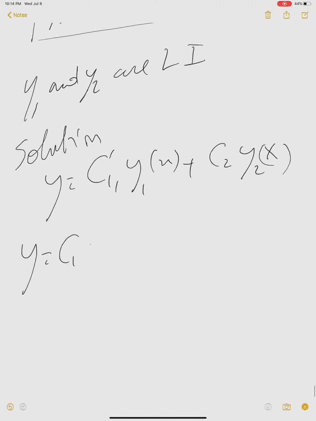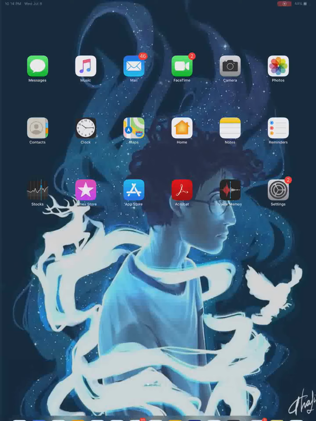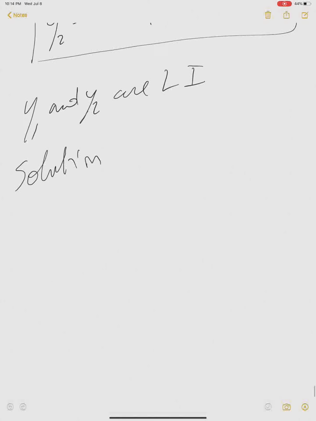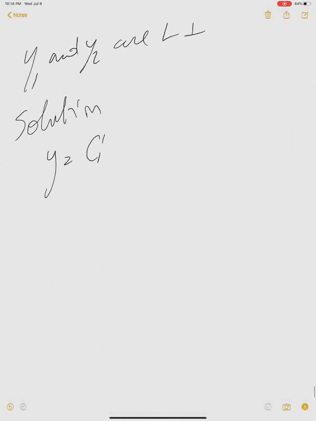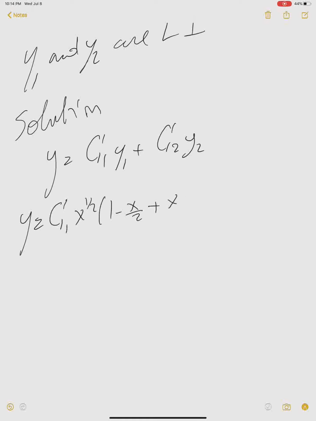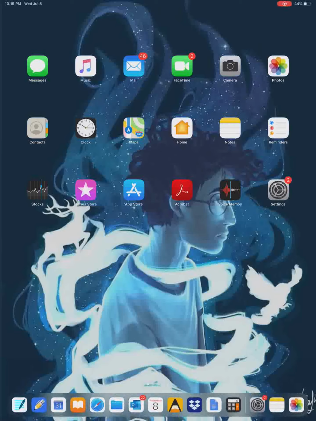So y equals c_1 x^(1/2) times 1 minus x over 2 plus x squared over 2 squared 2 factorial minus x cubed over 2 cubed 3 factorial plus so on, plus c_2 times 1 minus x plus x squared over 1 times 3.